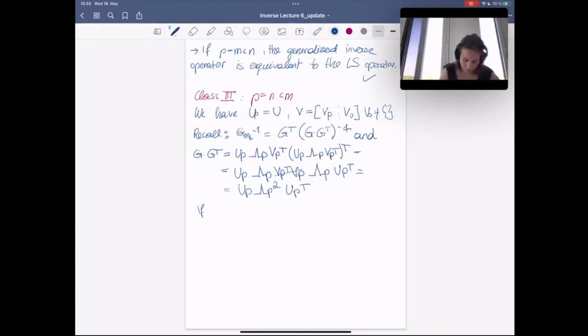So if P equals N, the inverse of G G transpose exists and is defined as UP lambda P squared UP transpose to the power of -1.